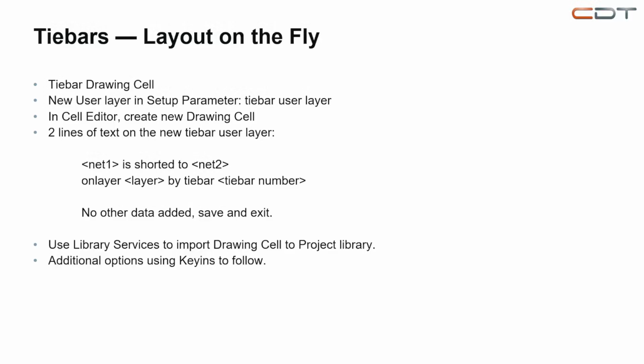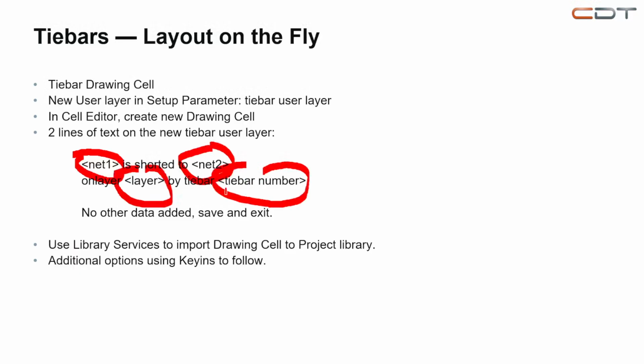You can modify these lines, just please remember that you need to save net1, net2, layer, and Tiebar number. This is like a cipher password that will be used inside the text. It will be dynamically updated. So it's up to you. It's based on your company requirements for the design. You can modify it on your choice.